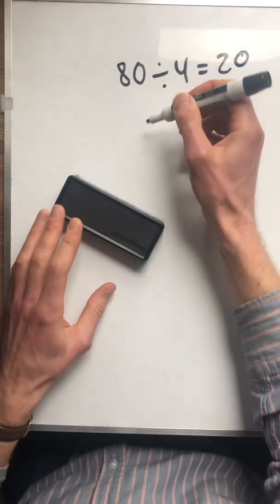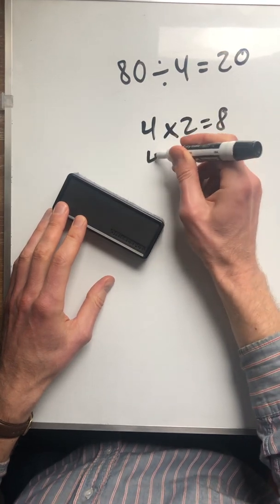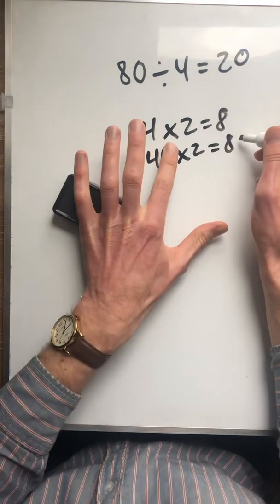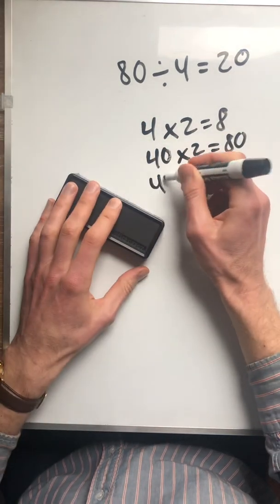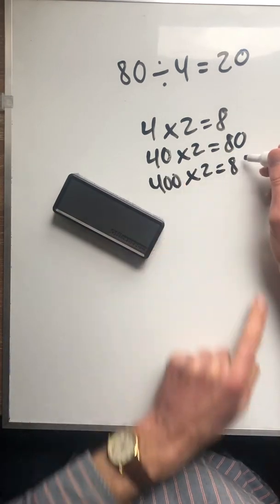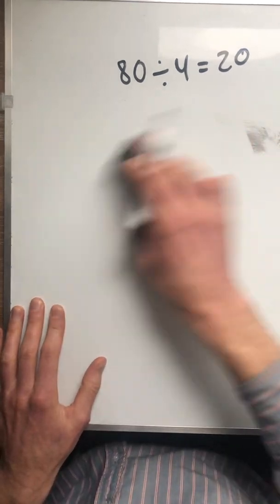So that same trick where you go like this, 4 times 2 equals 8. 40 times 2 equals 80. 400 times 2 equals, well, we know 4 times 2 is 8, and then add the 2 zeros. It's the same deal with division. It just goes backwards.